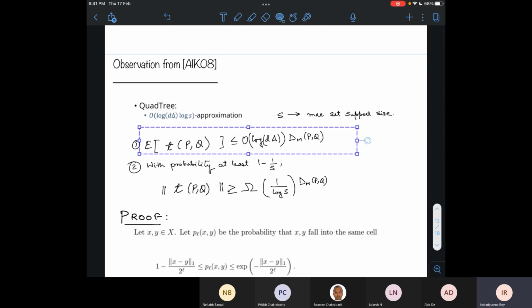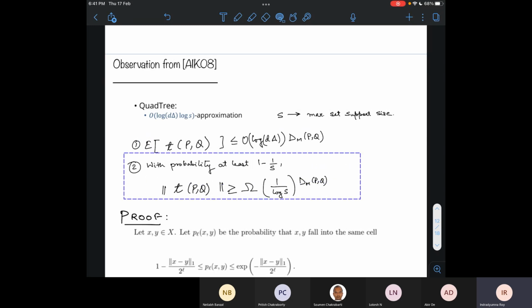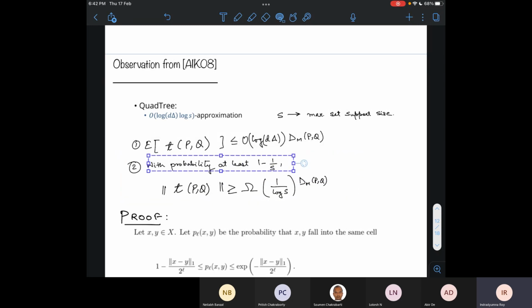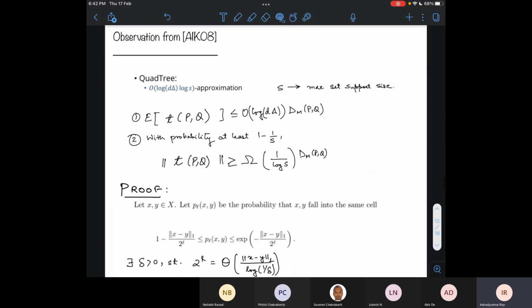So they confirm that. And additionally, they have this bound based on s: with a probability of 1 minus 1 by s, which is a very high probability, the distance proposed by the tree metric t between these p, q points is within a certain range of the actual EMD. And that range is given by this very small constant.